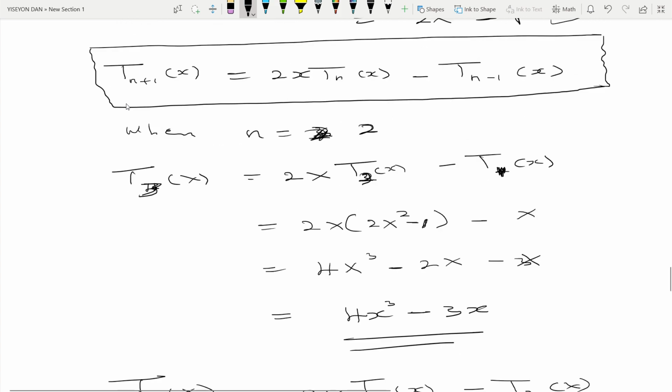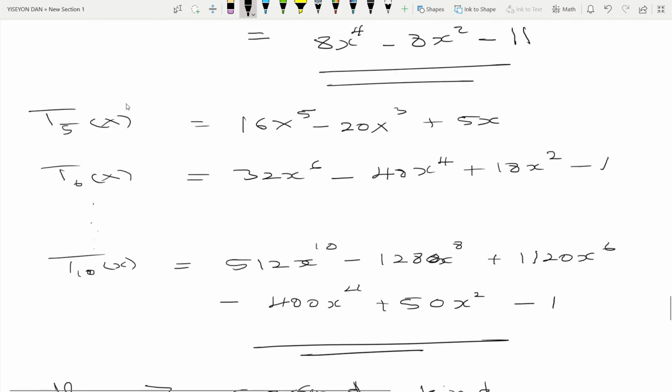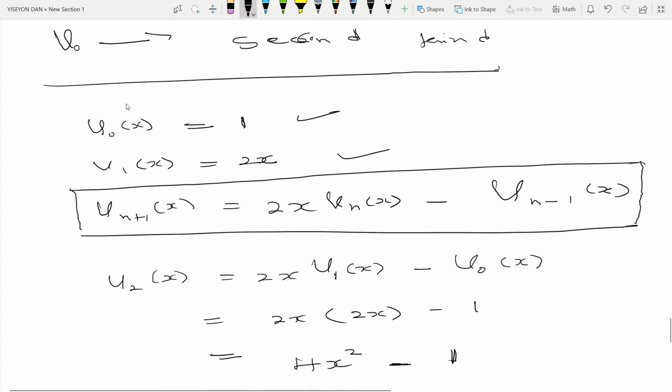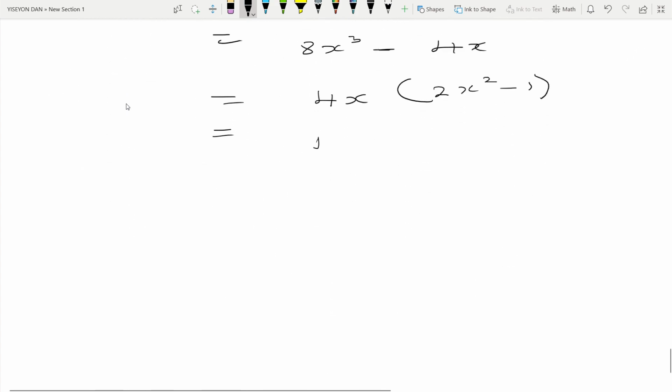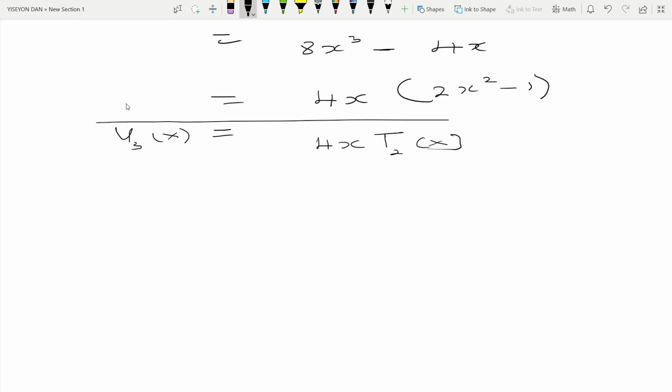So we can insert it, and we'll be having 4x T2 of x. So this is a relationship between the U and T2.